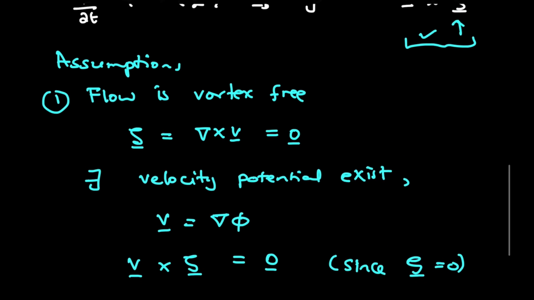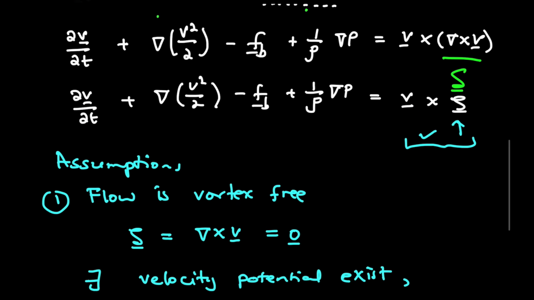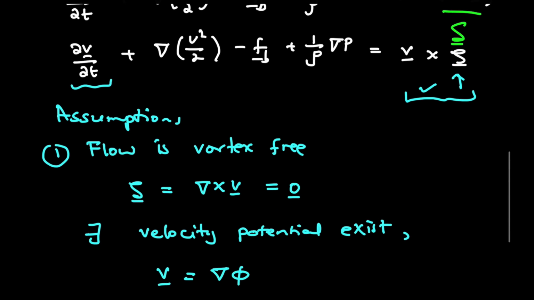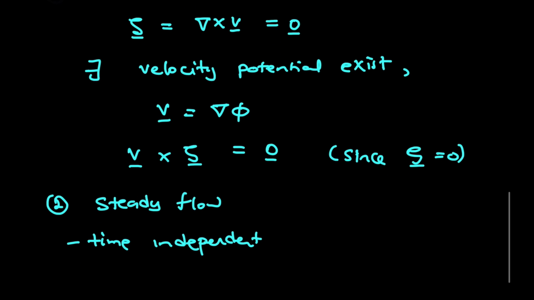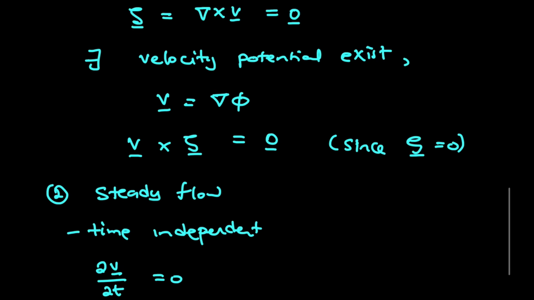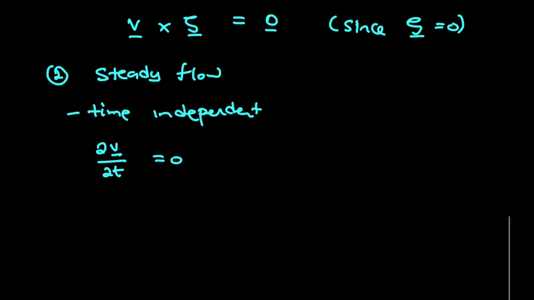So what does that mean for our equation? This portion of the equation, the partial derivative over there, will equal 0 because we assumed steady flow. And the third assumption that you're going to make is that FB is conservative.